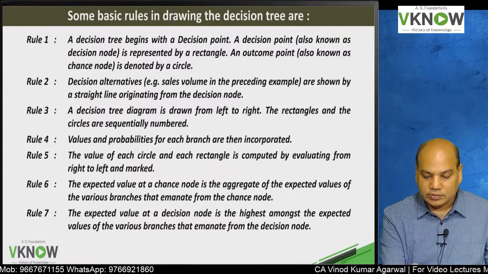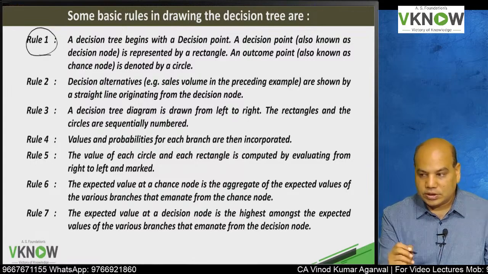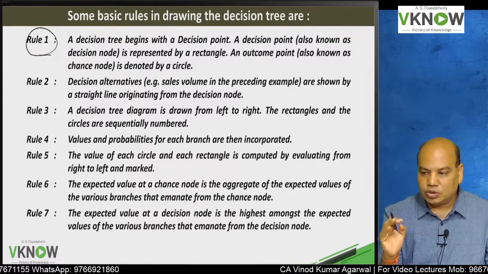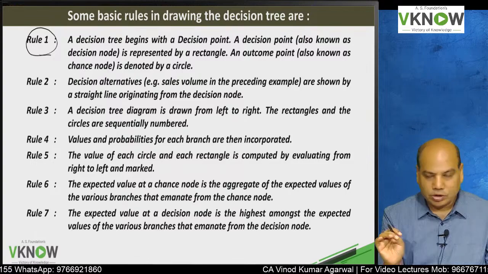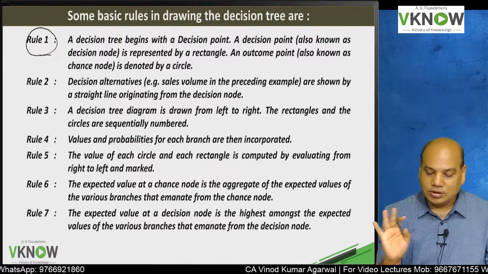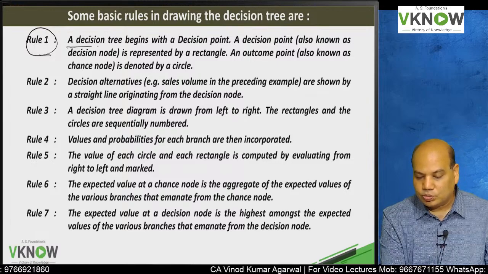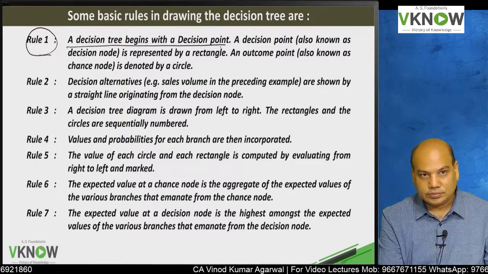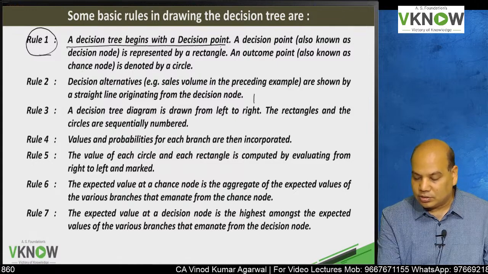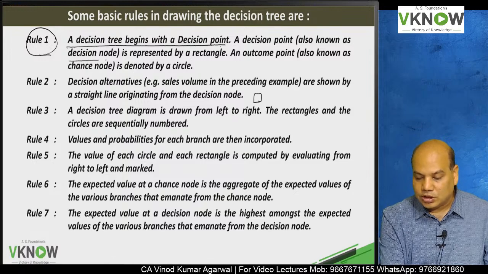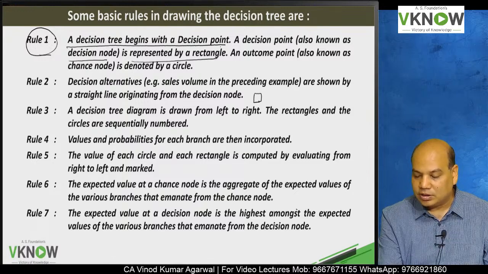There are 7 steps in drawing a decision tree, which you can call 7 rules also. This is not a legal subject, just for understanding. The first rule is that you begin with a decision point, like we started with decision point D1. It is also called a decision node, represented by a rectangle or a square.